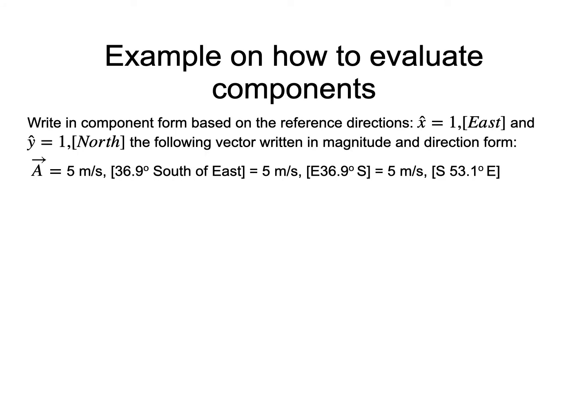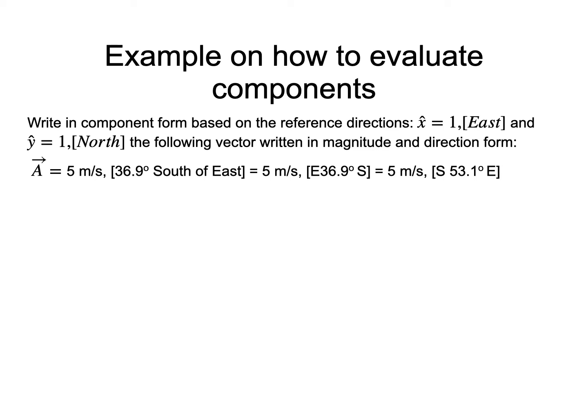In this example, the reference directions have already been chosen. If you use a different set of reference unit vectors, it would lead to different values for the components of any vectors. I have given 3 different ways of presenting the direction of the same horizontal vector A. The first way requires more words, and the last 2 ways are typical abbreviated versions.